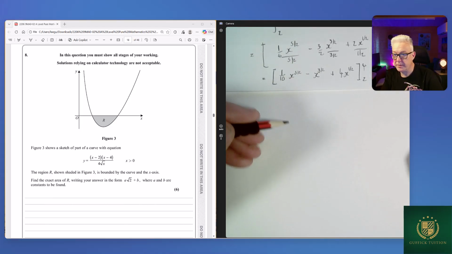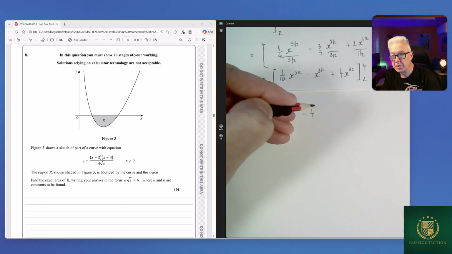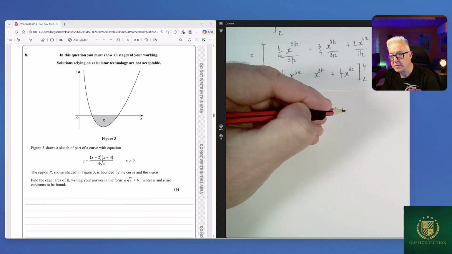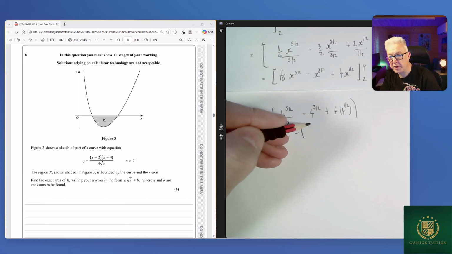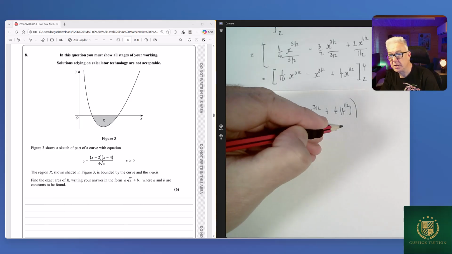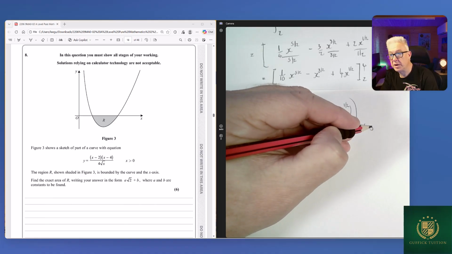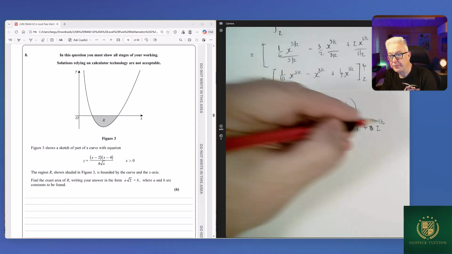Putting in our limits, that is 4 to the 5 over 2 over 10, minus 4 to the 3 over 2, plus 4 times by 4 to the half, minus the whole thing with 2 in as well: 2 to the 5 over 2 over 10, minus 2 to the 3 over 2, plus 4 times by 2 to the half.